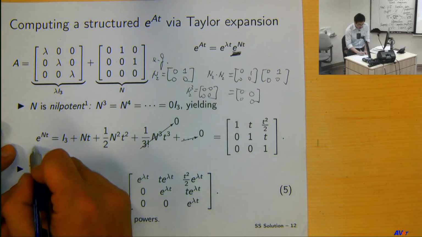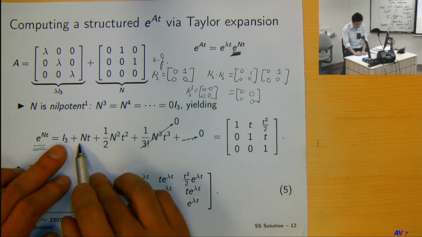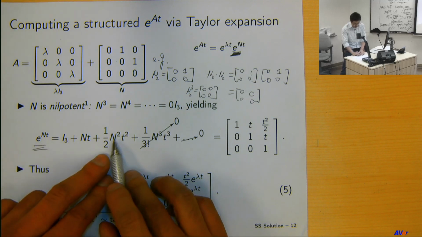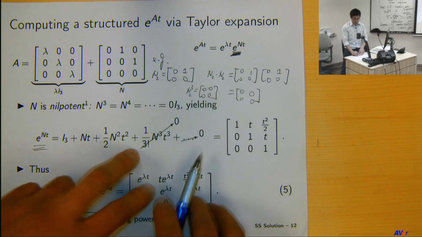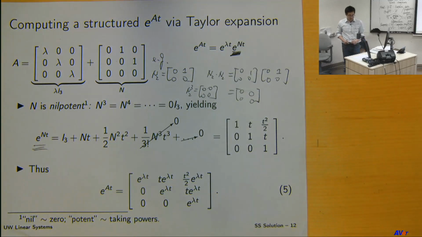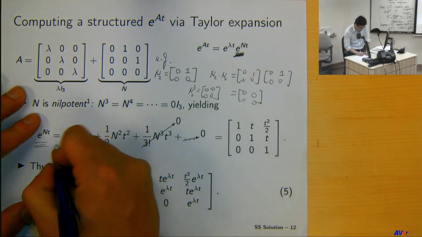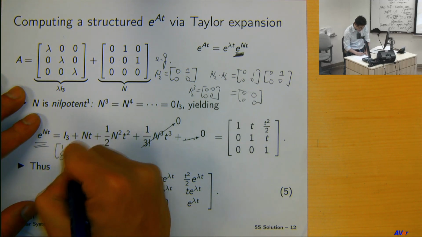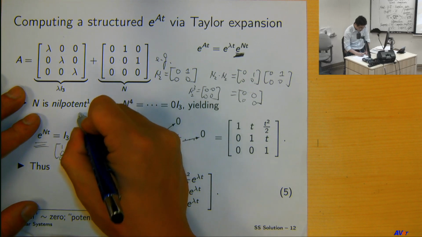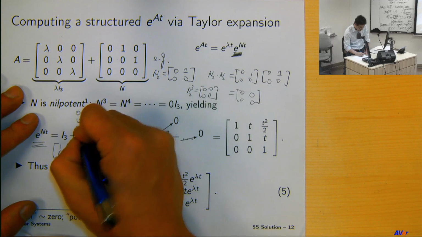So e^(NT) is actually amazingly easy. e^(NT) is I plus NT plus half of N squared T squared, and then all the remaining terms are 0. Any questions? So just the 3 terms, it's easy to compute. I is 1, 1, 1 on the diagonal. NT is 0, t, 0, 0, 0, t, 0, 0, 0.